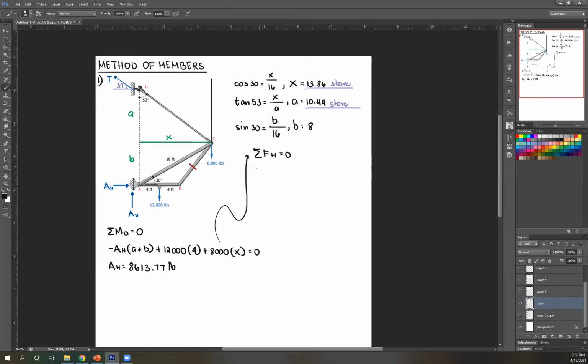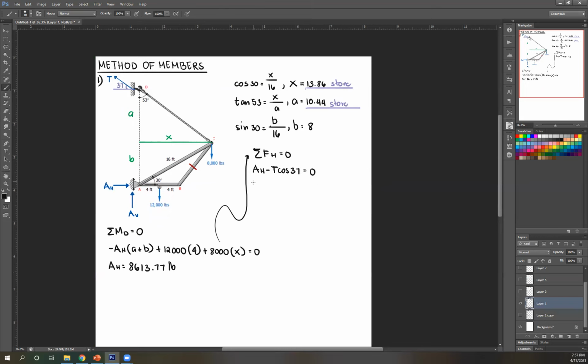You have AH to the right, therefore positive. And then look for other horizontal forces. There's no horizontal external force. So therefore, we're left with this reaction for tension, which is to the left. So negative T, and then get the horizontal component, cosine 37 equals 0.